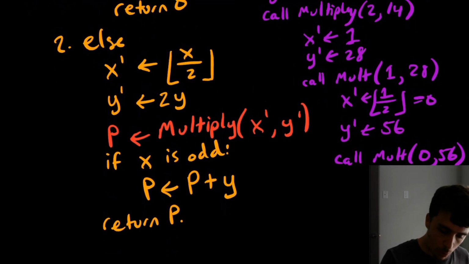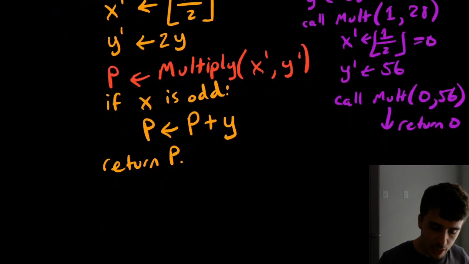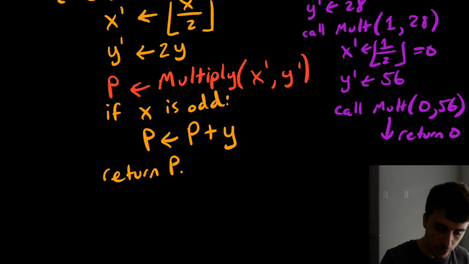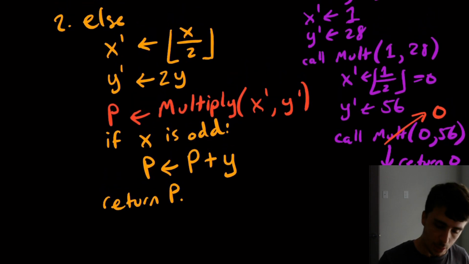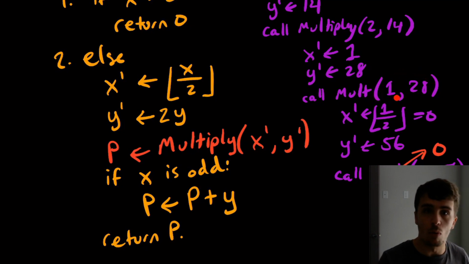So what are we going to do here? Now here's where we need to be absolutely sure we know what we're doing. So this mult is going to give us 0 obviously. So now what are we going to do about 1 and 28? We notice that 1 right here is odd.